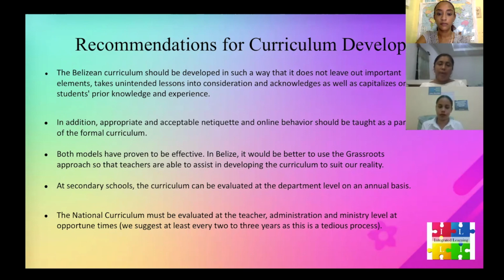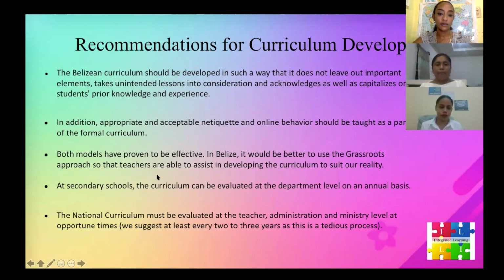Teachers are the main persons in every classroom. They are the ones who have this experience with their students. Nobody else but the teachers in the classroom. So that is why including them is of vital importance when designing a curriculum, so that in the end, they will be able to assist in developing a very unique curriculum to fit our Belizean reality.